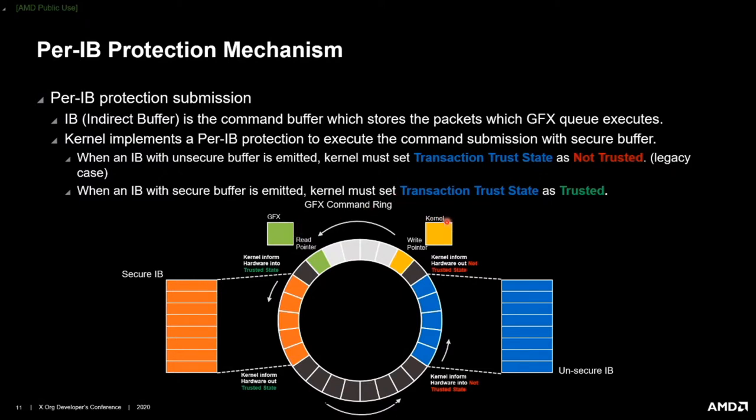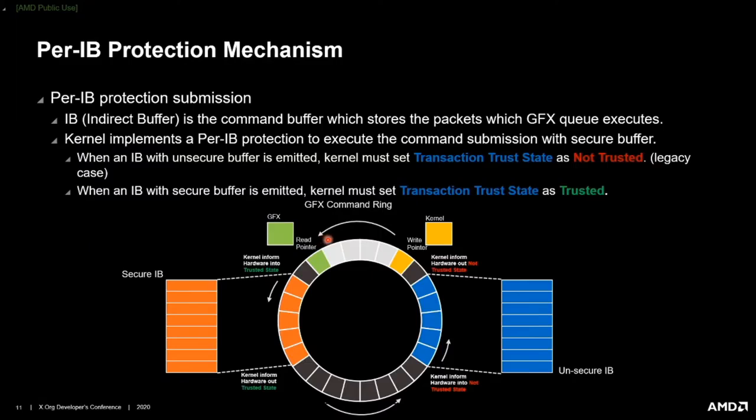Once the kernel produces a packet and writes it to the command buffer, the write pointer is increased by 1, and once the graphics queue consumes a packet from the command ring, the read pointer increases by 1 as well, and they run in the same direction in this command ring.